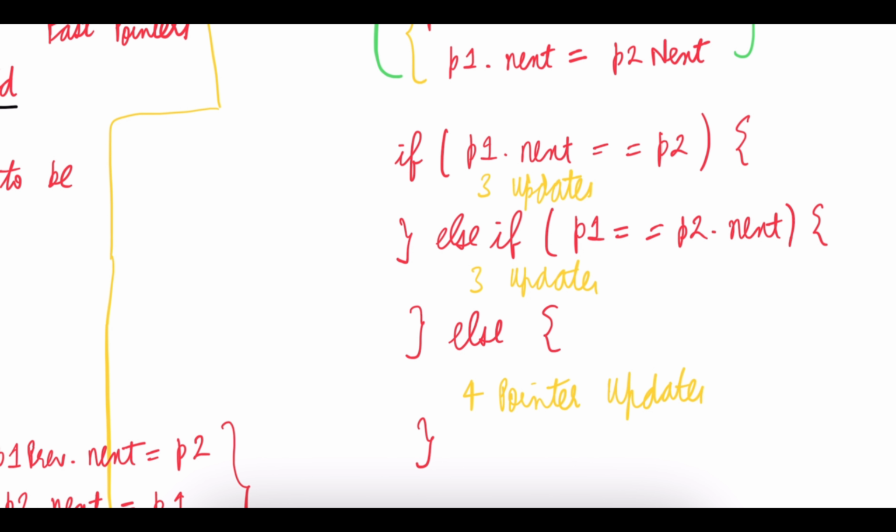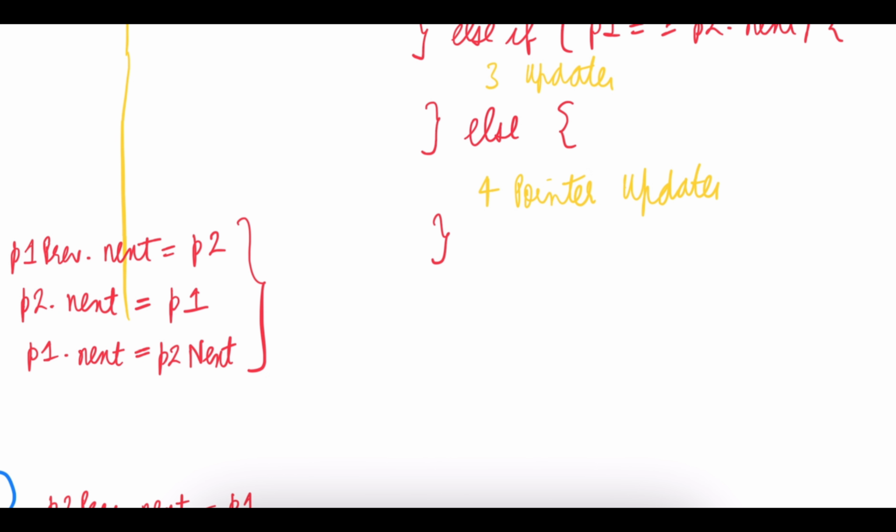And this is going to cover all of our edge cases, and in the end we can simply return dummy dot next.